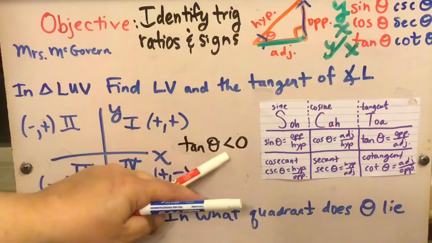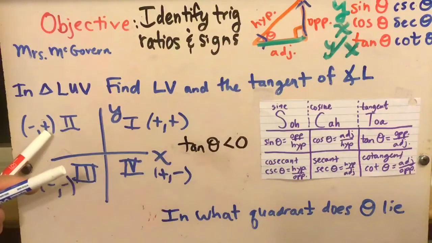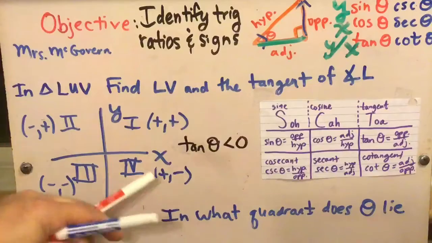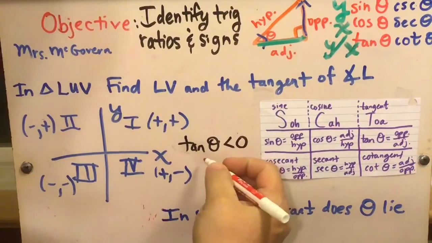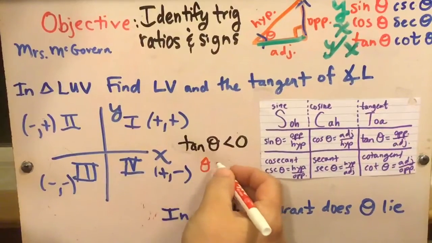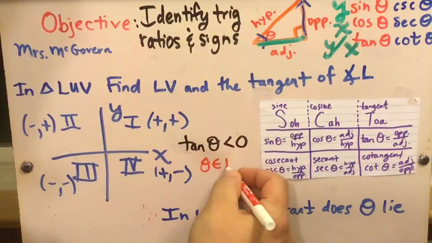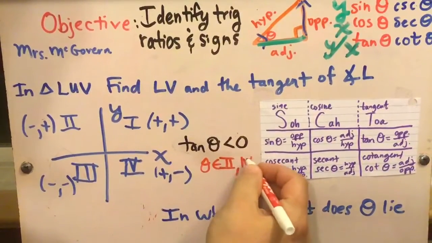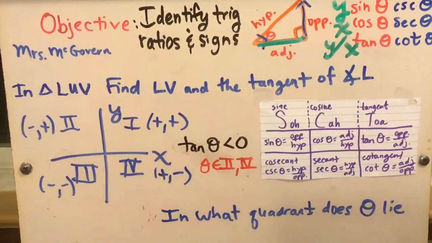So the only time tangent of an angle is negative is if you have a positive over a negative or a negative over positive, since tangent is y over x. So you could say that theta was an element of quadrant 2 or 4. That's a nice way to put it into some set notation.